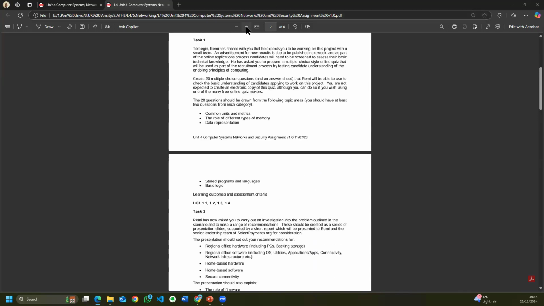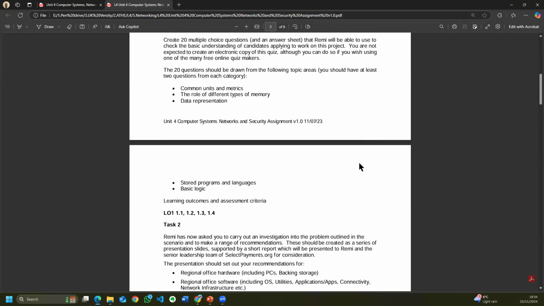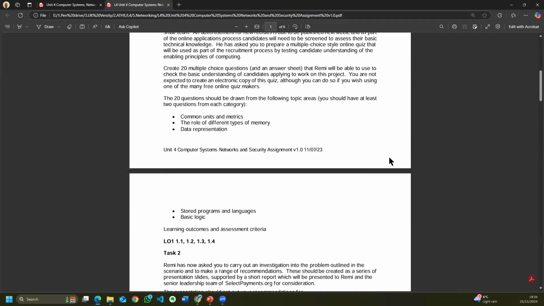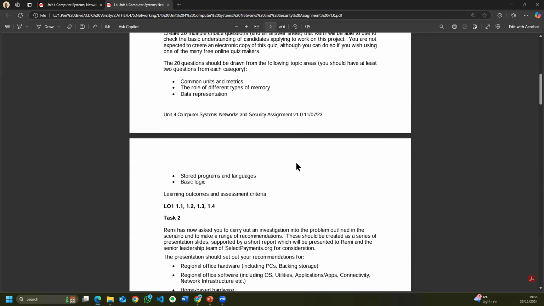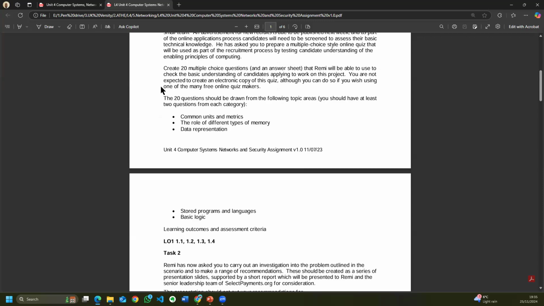I thought it was an interesting way of showing that you understand the criteria, because learning outcome 1 has one describe question and 4 explain questions. For example, describe common units and metrics, explain the roles of different types of memories and that sort of thing. It's about explaining that, but presenting it in a multi-answer question format.